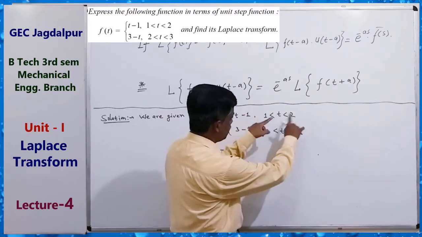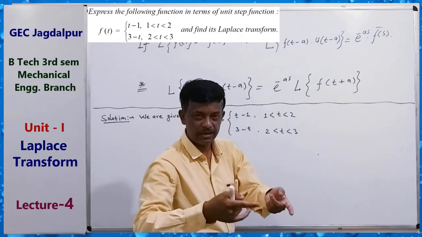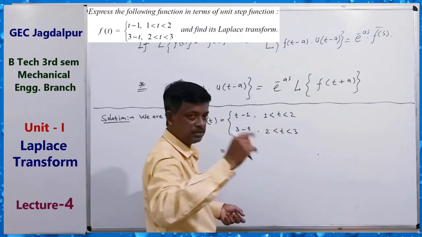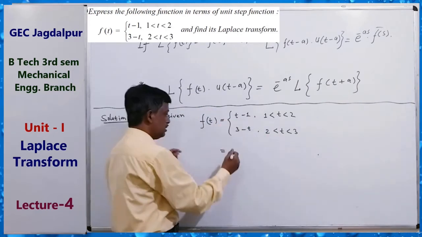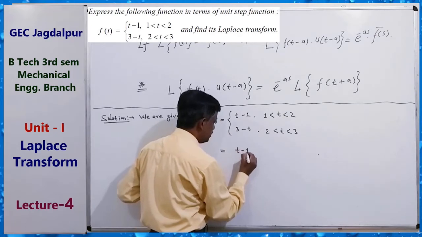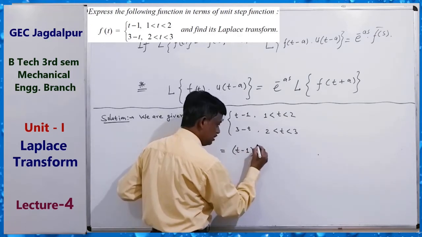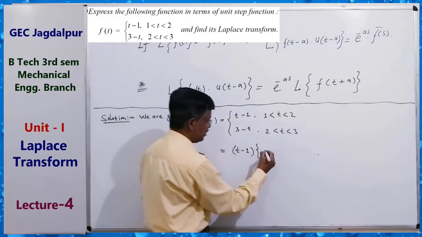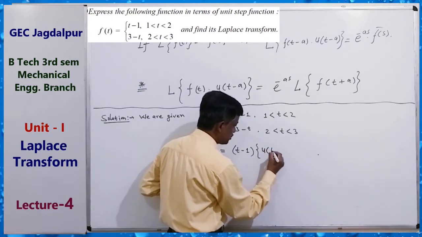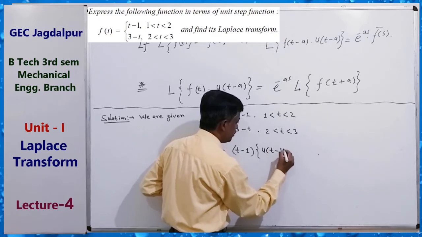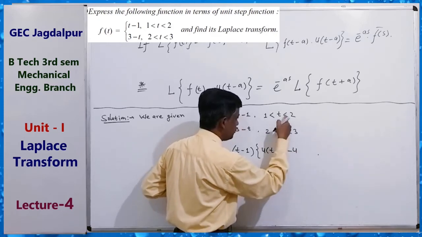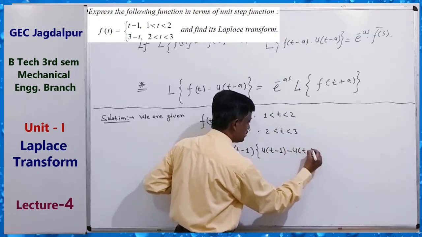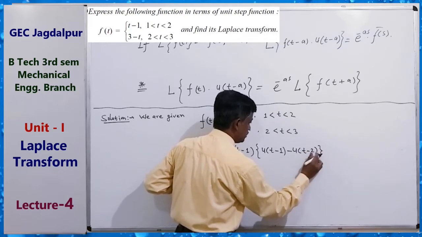Here t lies between a and b, so u(t minus a) minus u(t minus b) is multiplied to this. Here t minus 1 is multiplied by the unit step function u(t minus 1) minus u(t minus 2).